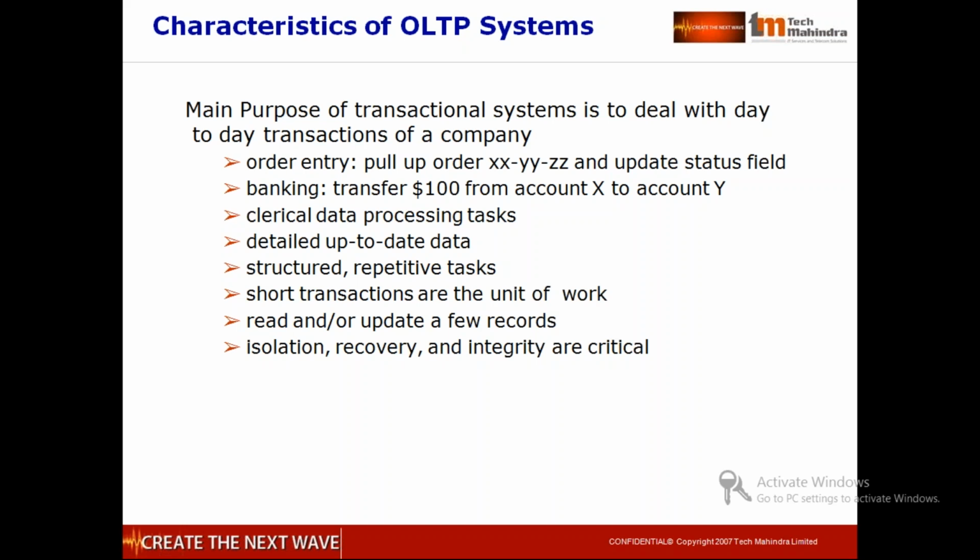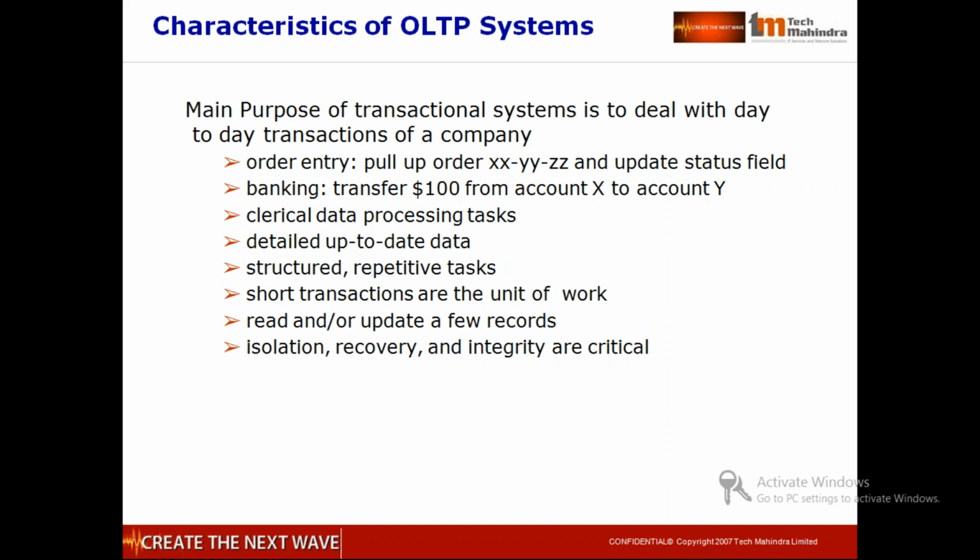If you have many tables, the access time will be more when compared to a single table. Since we have a huge amount of data in OLAP, if we have many joins, it may take more time, more access time.